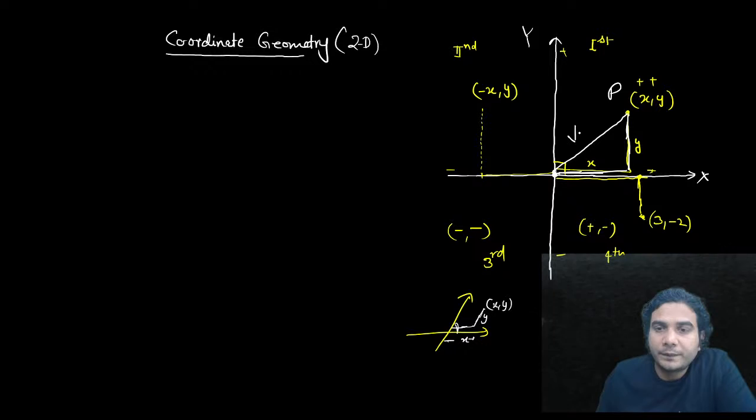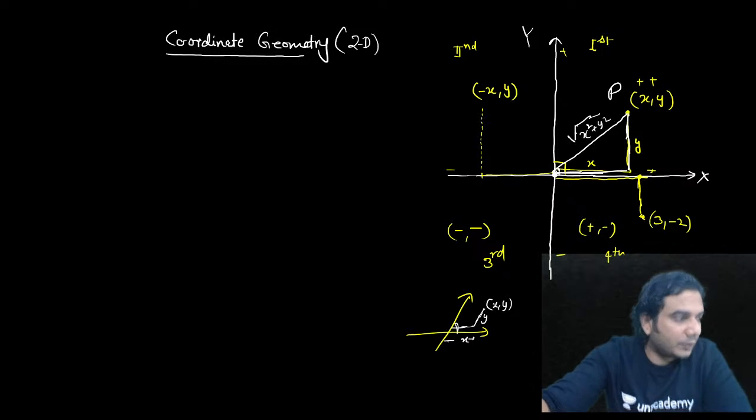Applying Pythagoras, the distance of P from the origin is under root of x square plus y square. It is the hypotenuse, right? So you can write the distance of any point from the origin easily. There are many things you can write easily once you have this Cartesian system. I hope it is clear.